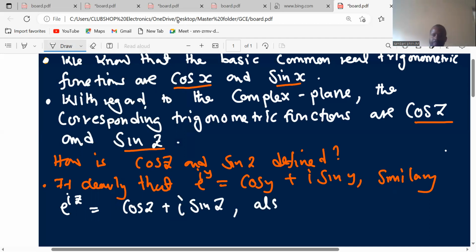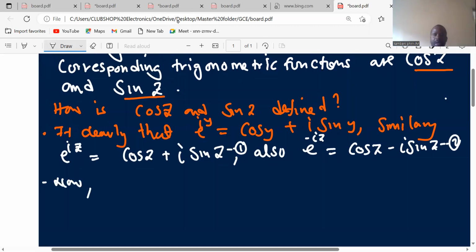Also, if we have e to the negative iz, this will be equal to cos z minus i sin z. Allow me to call this 1 and this 2.